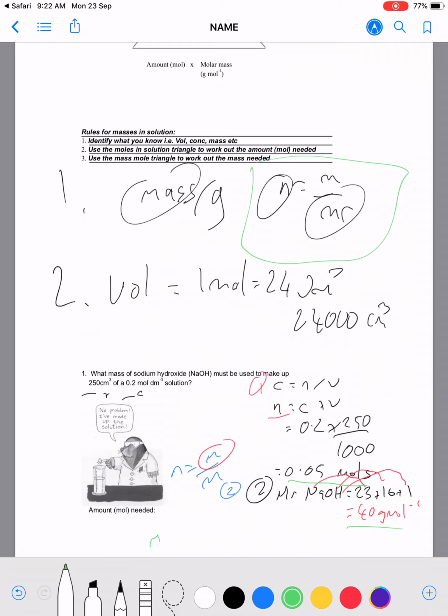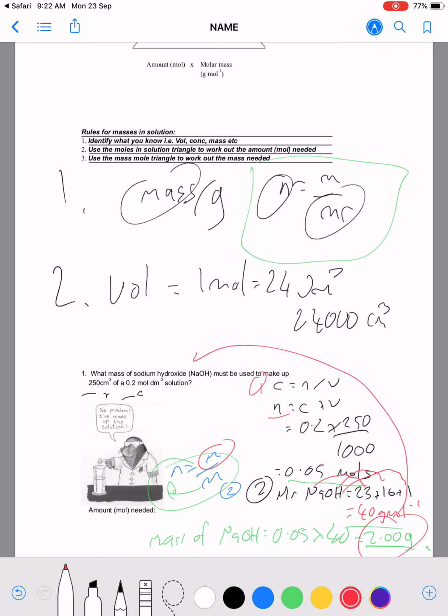So the mass of NaOH will equal 0.05 times 40, because we want mass, which is Mr times moles. So that equals 2 grams. What does that mean? Well, I would need to use 2 grams of sodium hydroxide, so I've answered the question: what's the mass of sodium hydroxide to make up 250 cm³ of a 0.2 mol/dm³ solution.